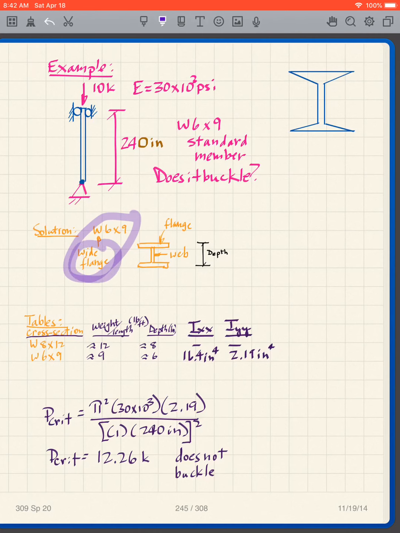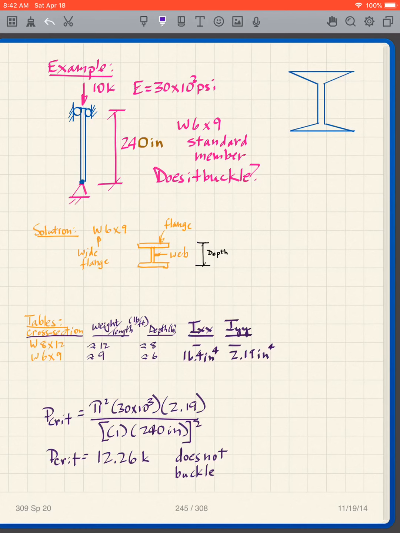In other words, the official name of an I-beam is not an I-beam. It's called a wide flange beam. And if you recall, this is the flange, and this is the web, and we call that the depth of the beam.